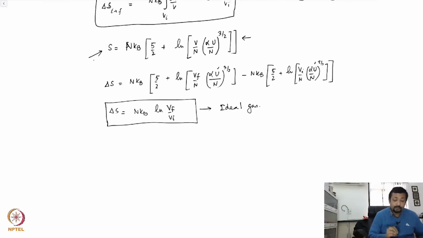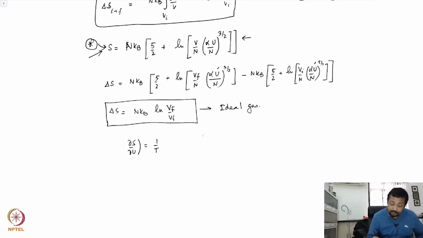Since I know S, if this equation is my starting point, then I want to determine the change in the temperature delta T for this particular system, which is essentially the ideal gas, and I know that del S del U is going to be 1 by T, and we have done this exercise.